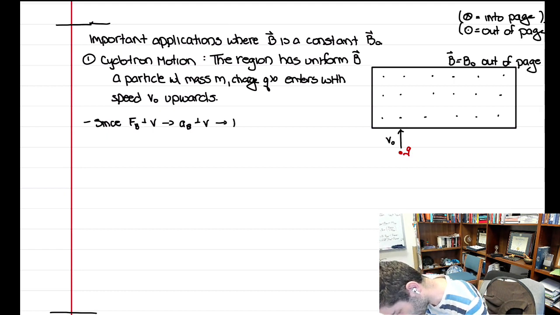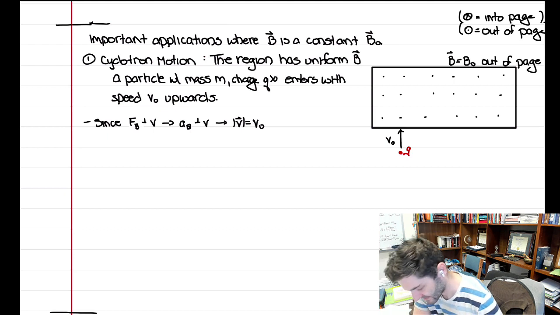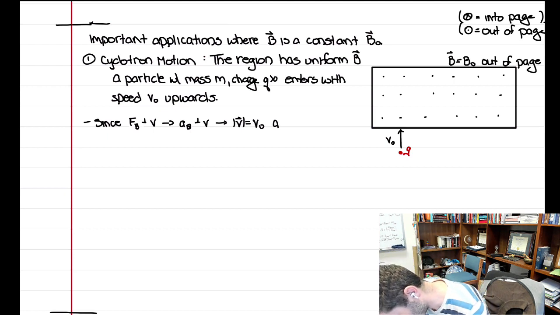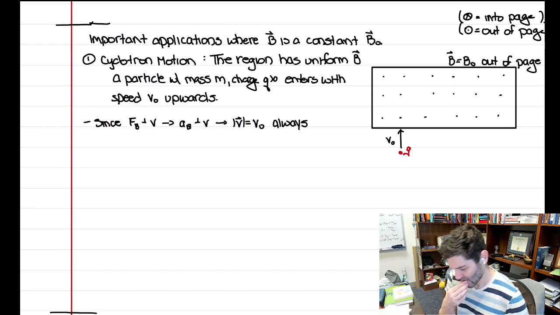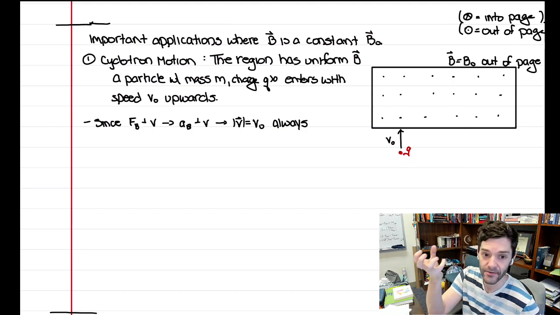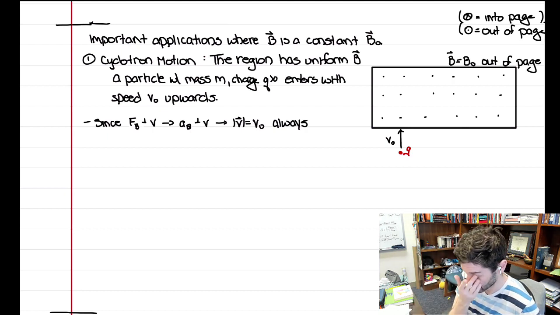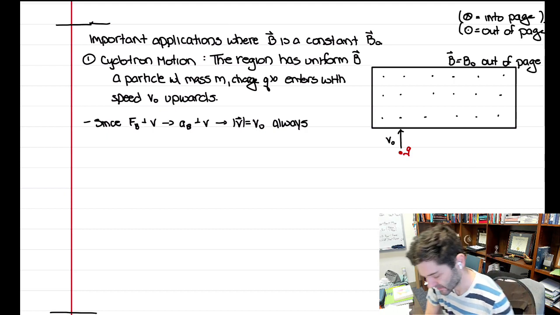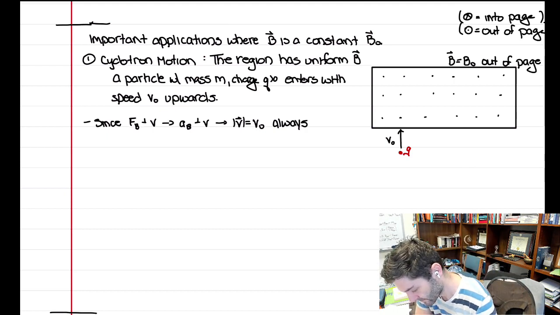So the magnitude of V in this case is just always going to be V0. Always. And I guess, yes, since there is no parallel component to B, I can talk about the entire velocity vector, not just the part that is perpendicular to B, since the entire thing is perpendicular to B.